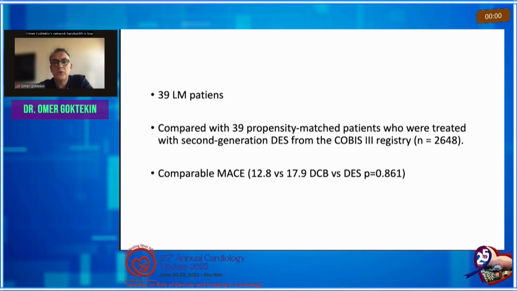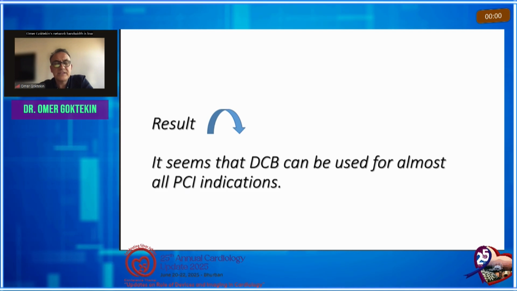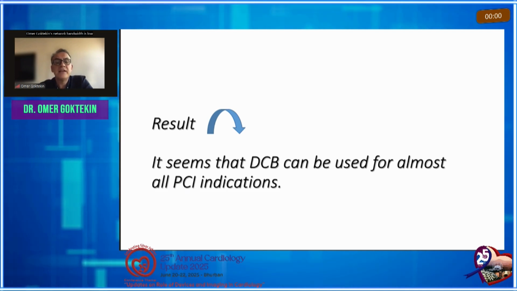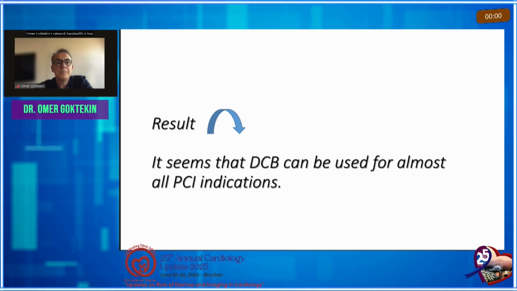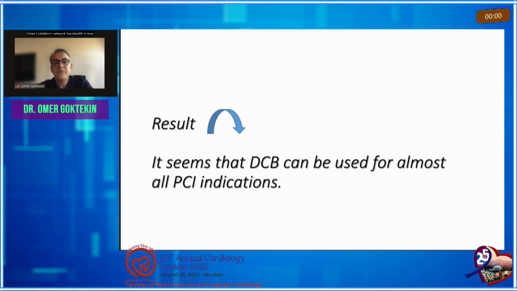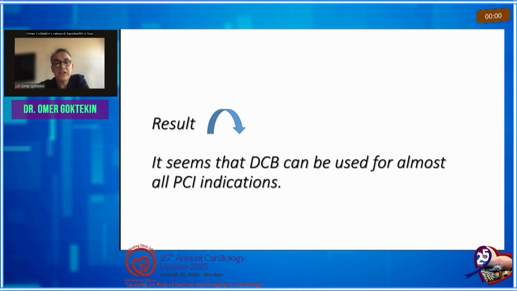I think this is also a new era for us to treat some left main lesions, especially if we have a stent-like result after predilatation in left main. I think we could try, or at least we could think to use DCB.